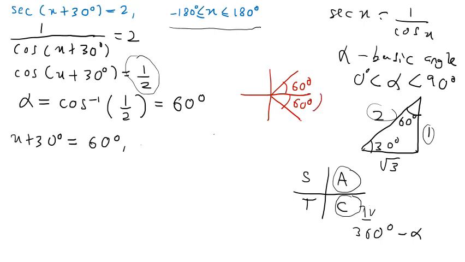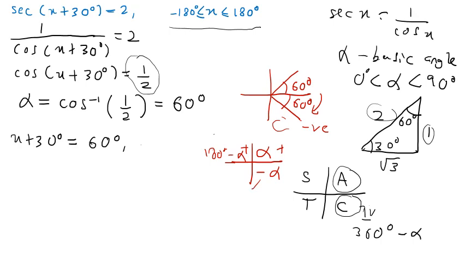For negative angles, we rotate from the positive x-axis clockwise. If the first quadrant is alpha, then the fourth quadrant is actually negative alpha. The same also for the second quadrant: the second quadrant is still a positive angle, which is 180 minus alpha.